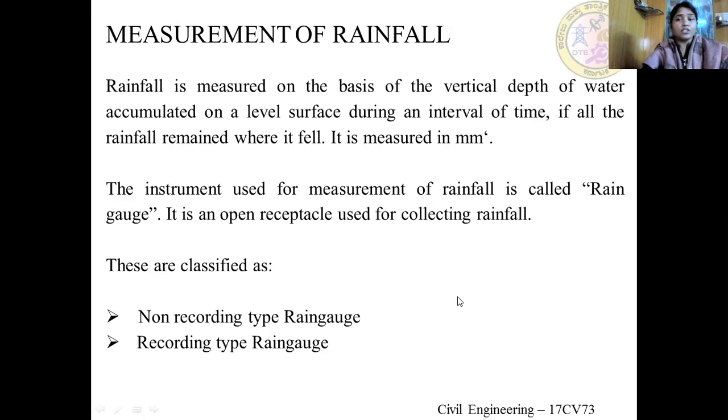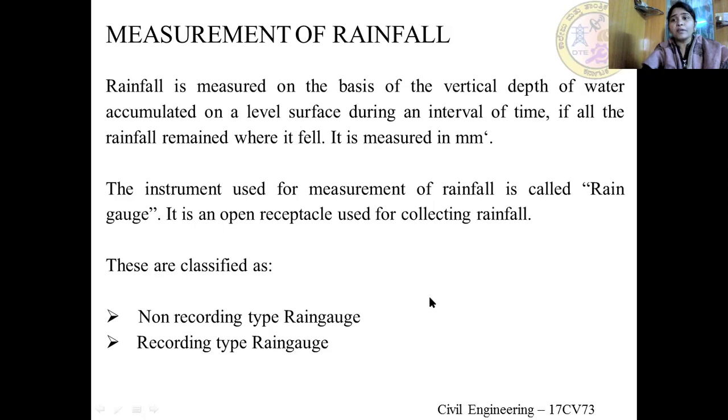It means there should be no losses, no evaporation loss, transpiration loss or infiltration loss. Whatever falls there should remain there so that we can have an exact estimation of the amount of rainfall received on the earth's surface.